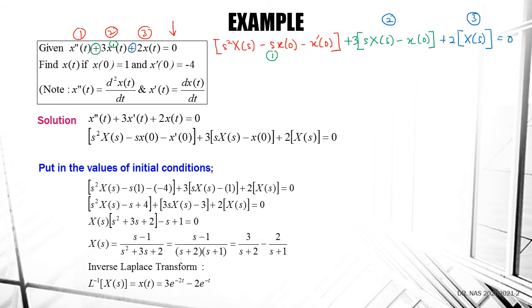Okay, next you need to replace x naught equal to 1 and x prime naught equal to minus 4 inside the equation. So in this case, x naught equal to 1, x prime naught equal to minus 4, and this one x naught equal to 1. Okay, that's it.